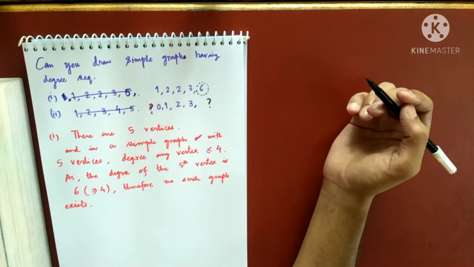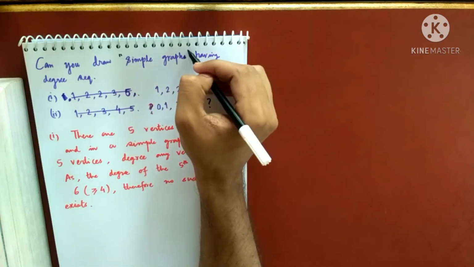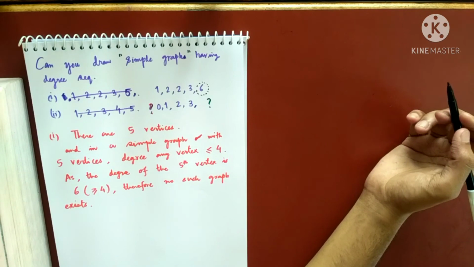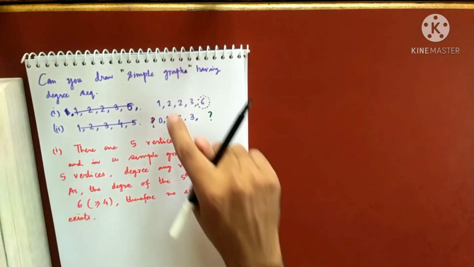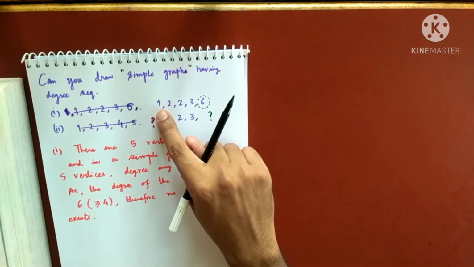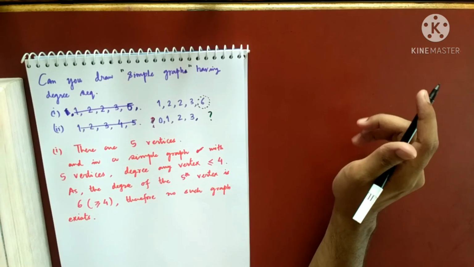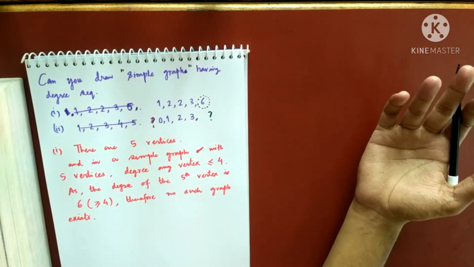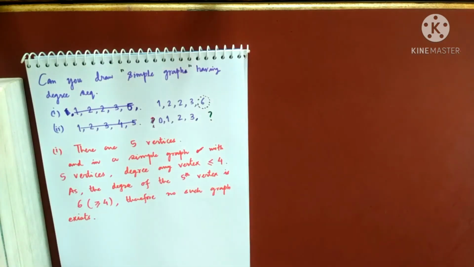You cannot draw any simple graph having this degree sequence. So I hope you got the answer to the previous problem also. Given any non-decreasing finite sequence whose sum is even, a simple graph may not exist. A graph may exist if you draw loops or parallel edges, but if you want to draw a simple graph, that may not exist, not always.